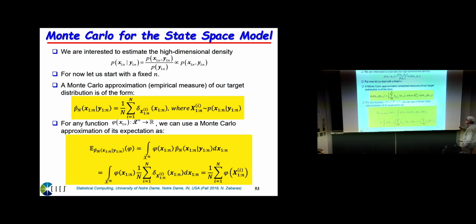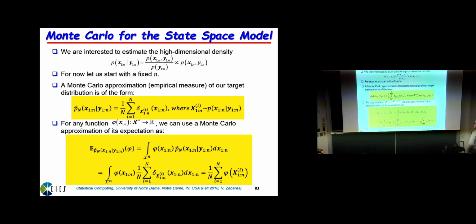If you do classical Monte Carlo, would you agree with me that this is the approximation, the empirical measure of the target distribution? Nothing has changed. I haven't done anything fancy. The samples are from the true distribution, and you have these delta functions in these n variables, and that's the Monte Carlo approximation.